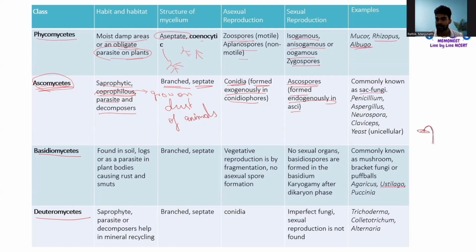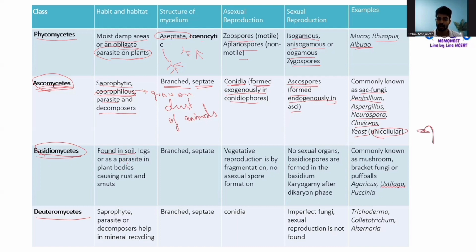The common examples for the ascomycetes are sac fungi such as Penicillium, Aspergillus, Neurospora, Claviceps, as well as yeast, which is unicellular. The third class is basidiomycetes. They are basically found in the soil.